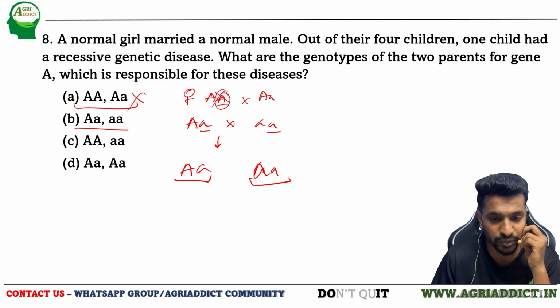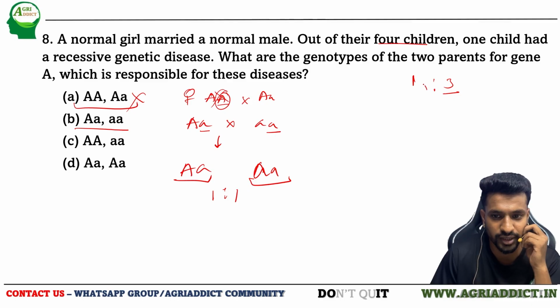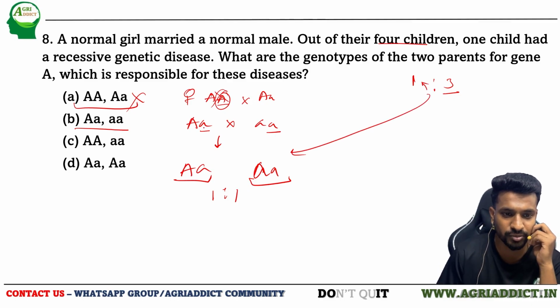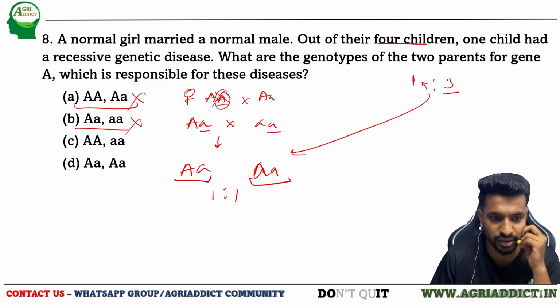Only two different genotypes are formed, in the ratio 1:1. But they are saying that out of 4 children, only one is recessive. All three are normal, only one is diseased. So this combination is not possible with these parents. This is also wrong. And the third one, again there is no small a recessive allele in the female parent. So this is also wrong.